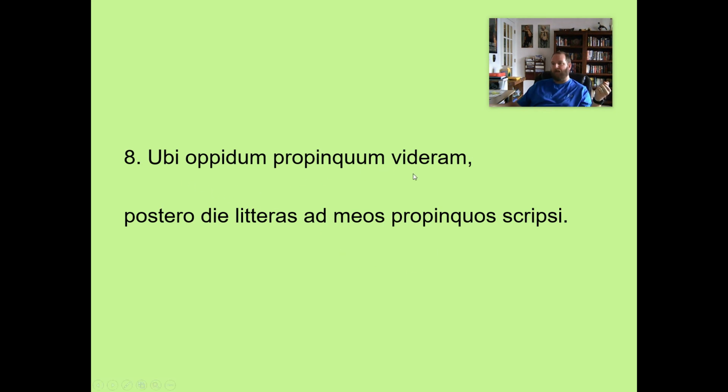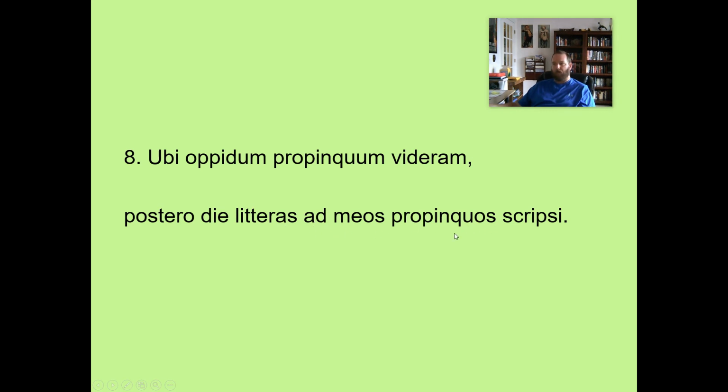When I had seen the nearby town, this is called a temporal clause because it's the time when this happened, and this verb is pluperfect. Pluperfect active, by the way. So when I had seen the nearby town, the next day, this is ablative of time when, I wrote letters to my relatives.